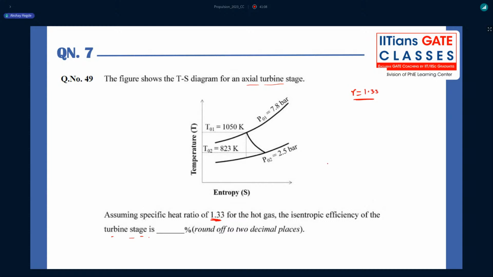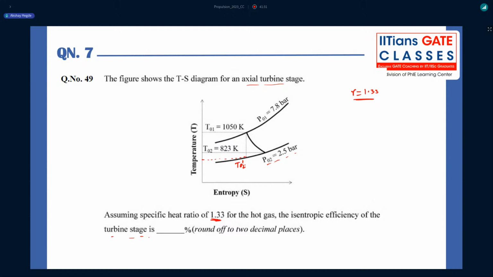Okay. So now let us understand this diagram a little bit carefully. If it has expanded ideally to the same pressure P02, you would have got the temperature, say T02 dash.